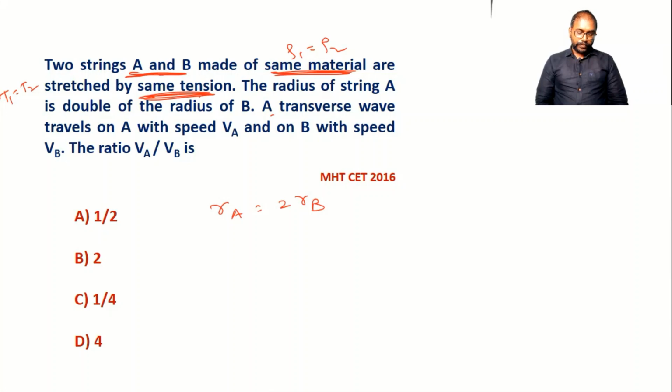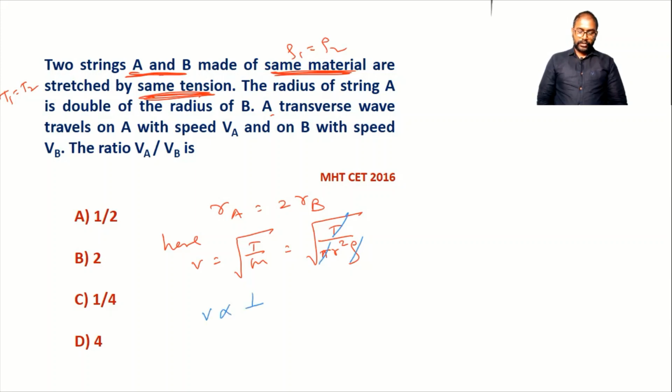So here, the speed of a transverse wave on a stretched string is given by the formula root of T by M, or we can write T upon this M. I can write it in terms of radius and density, pi r square rho. So here you note one thing: density is the same, tension is the same, pi is constant. So V is inversely proportional to under root r square, means r.